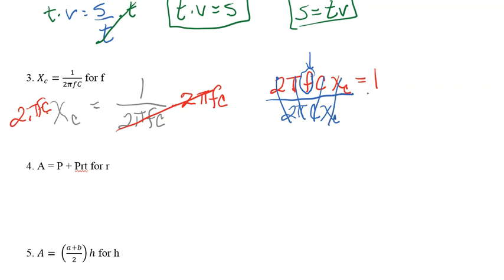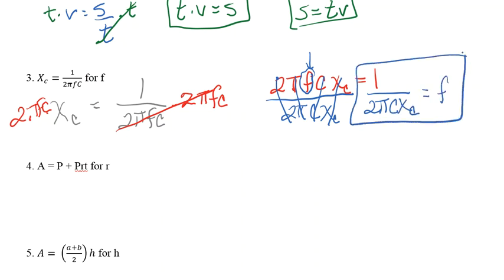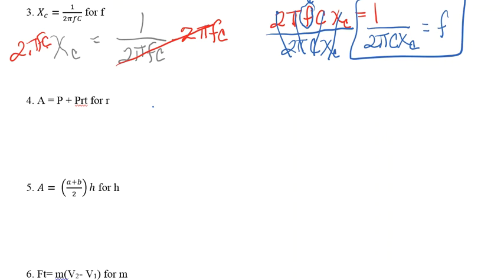But if I do it on the left, I have to come over here and do it on the right. Now yes, I do get that I put some of that stuff right back where it was. I put the 2, the pi, and the c right back where it was. If that bothers you, you can just move the f in the beginning. We all have different schools of thought. Just showing you an option.